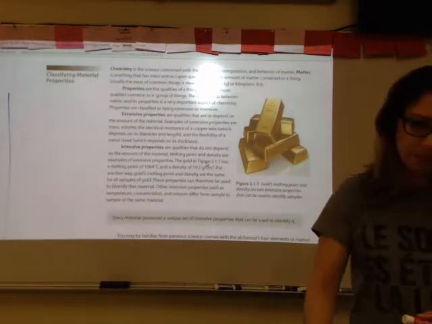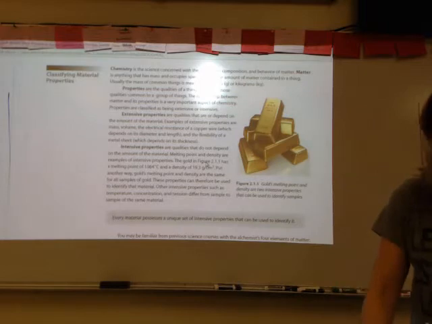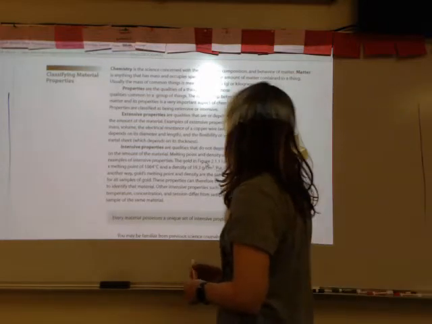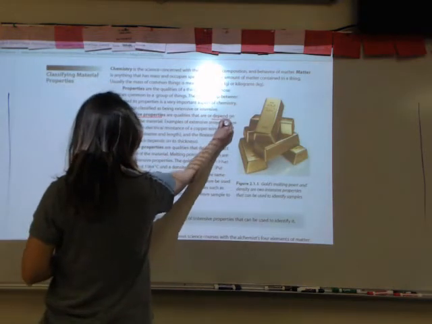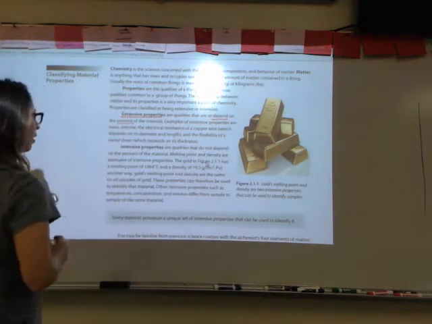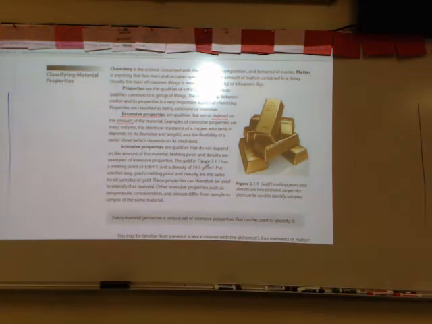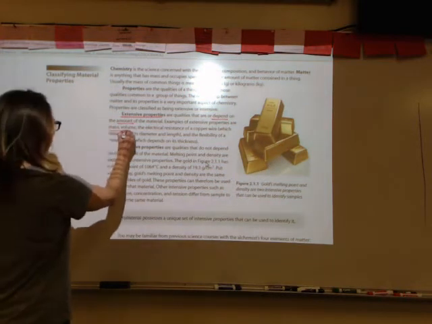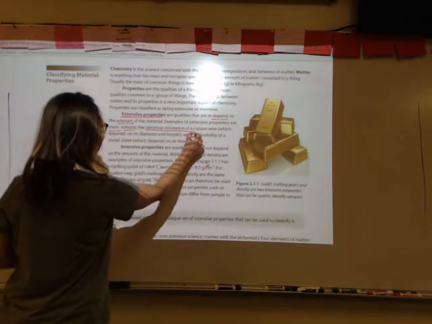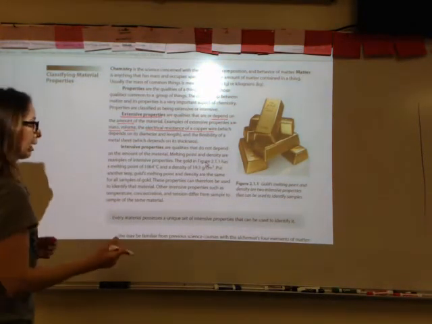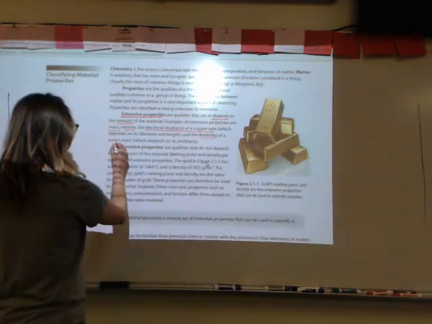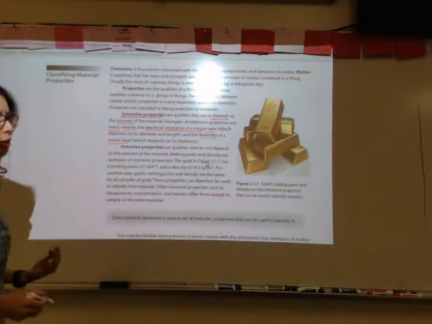And the properties can be extensive and intensive. Extensive properties are properties that depend on the amount of material that I have. These would be things like mass, volume, the electrical resistance of a copper wire, because it depends upon the diameter and the length. The flexibility of a metal sheet depends on how thick it is.